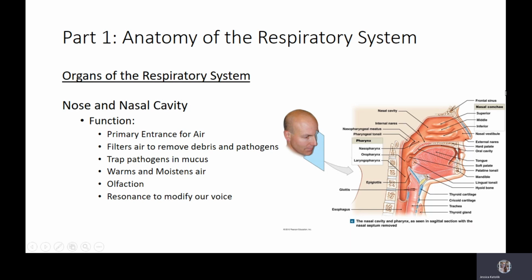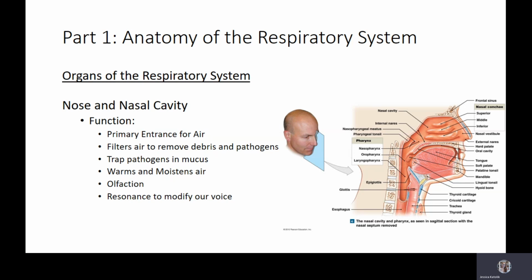We also are going to use these structures called nasal conchae. This may be a little bit familiar from when we talked about the nasal conchae in our section on the anatomy of the skeleton and its bone markings. The nasal conchae are going to serve a really important role in conditioning and filtering the air. So what are they and how do they do this?